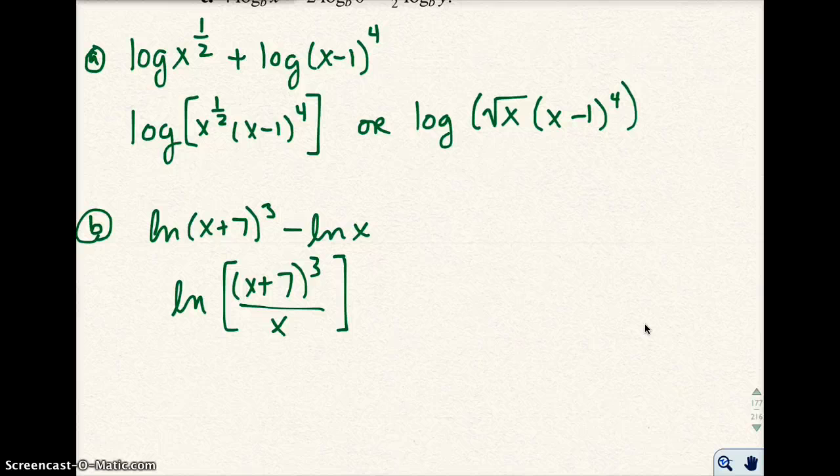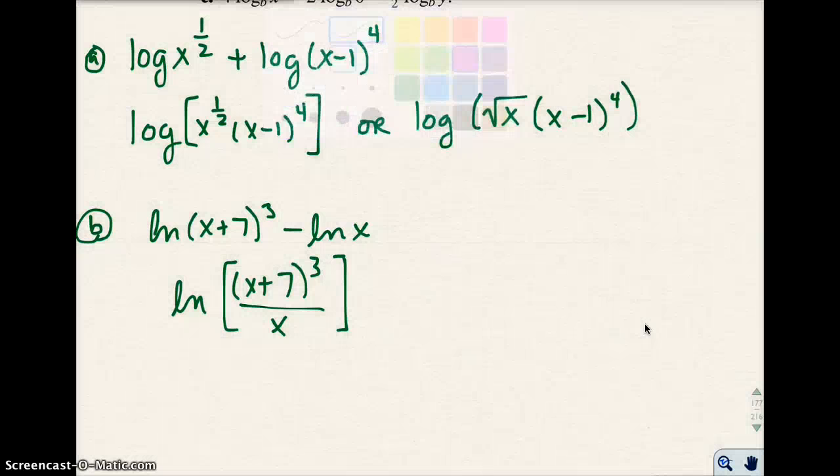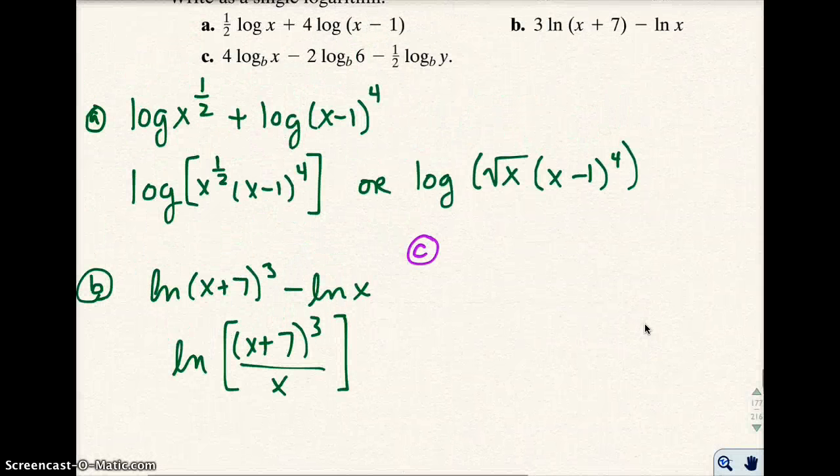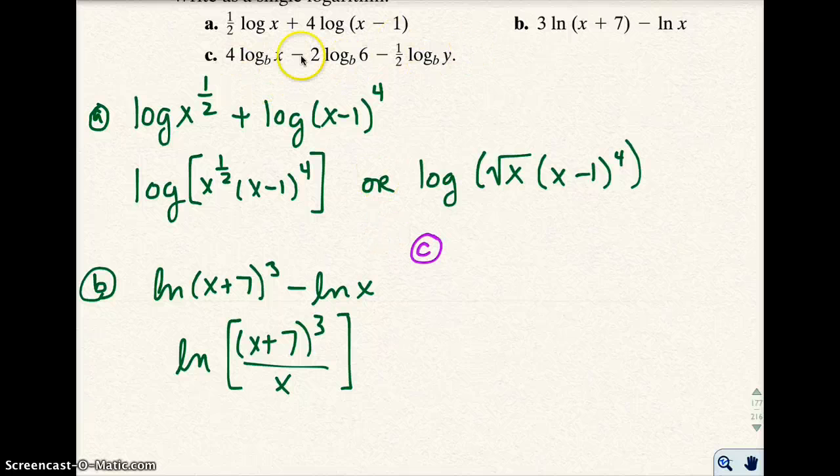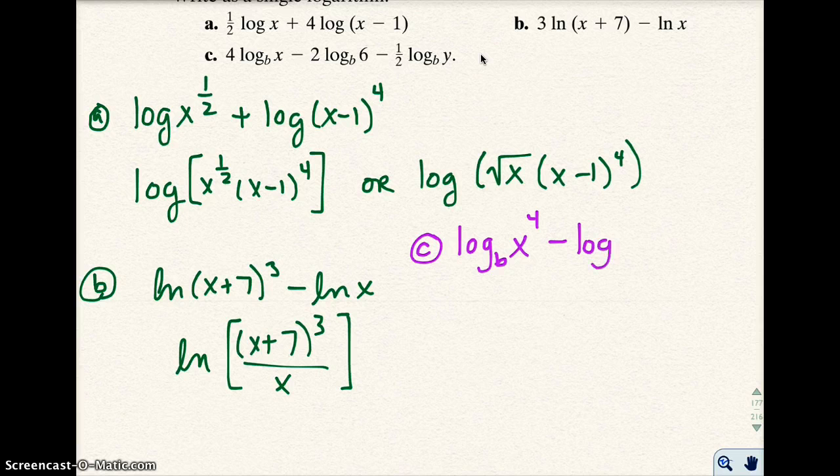Okay? And then part C. I'm going to go ahead and move all the powers up to here. I get log base b of x to the 4th minus log base b of 6 squared minus log base b of y to the 1/2.